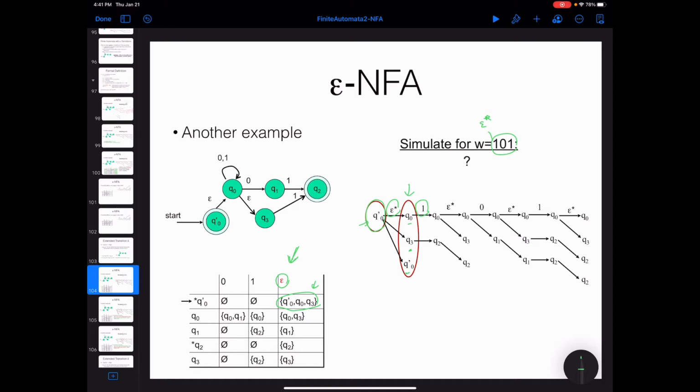Then again, apply the epsilon transition, which means that for each of these states that you have, you just need to look at the equivalence for them, right? And expand them. So because you have Q0, because of the equivalence for Q0, it means that you can be at Q0 and Q3.